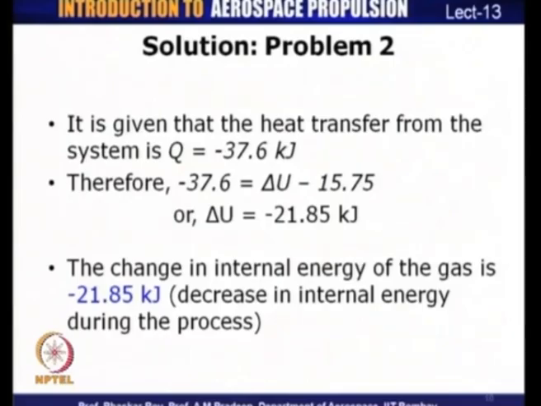Now, it is already mentioned that heat transfer from the system is minus 37.6 kilojoules, and so we now have the work done during the process, which is a constant pressure process. Work done during such a process is just the product of pressure multiplied by the change in volume. So, P times V2 minus V1 is the work done, and heat transfer is already given to us.